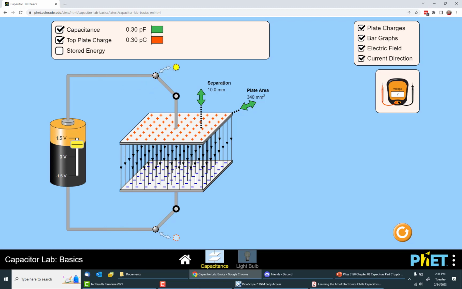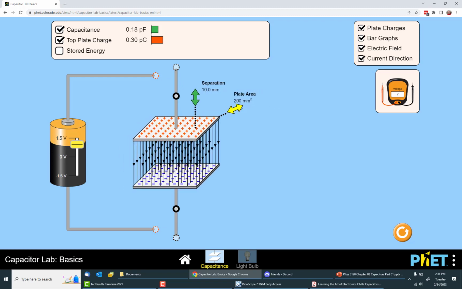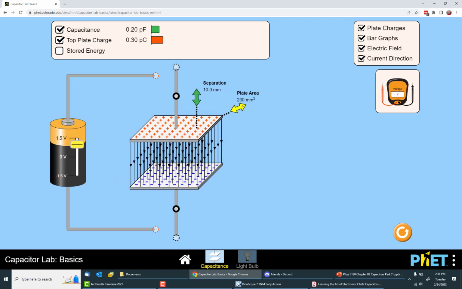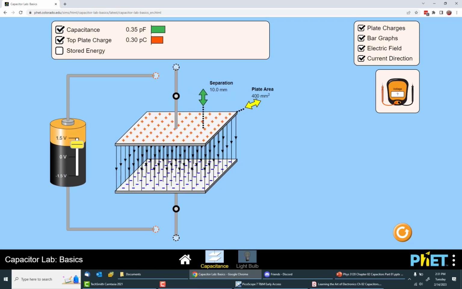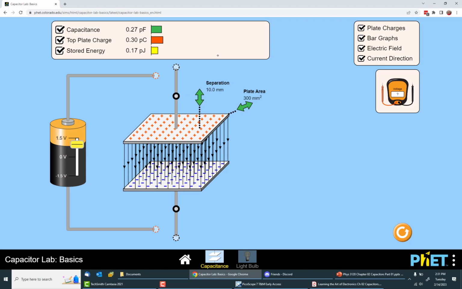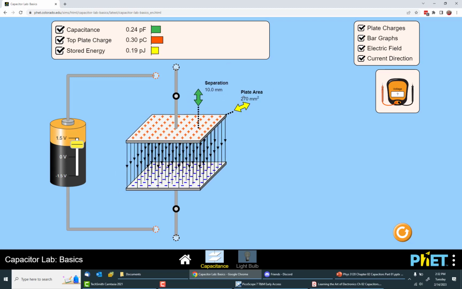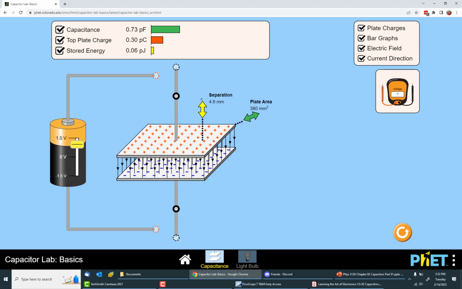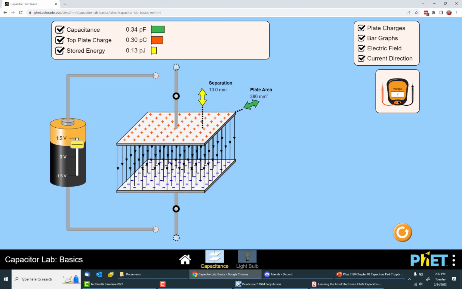Now, an interesting thing is that if I disconnect the battery, then you'll notice that the amount of Q doesn't change. And the amount of stored energy changes because the electric field strength changes.